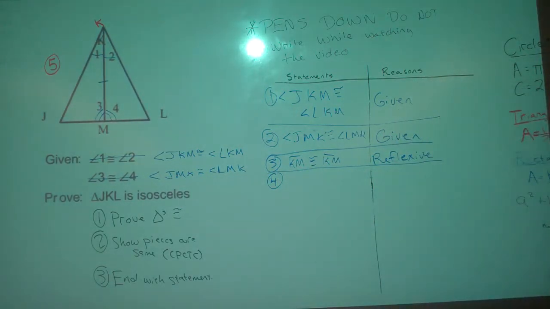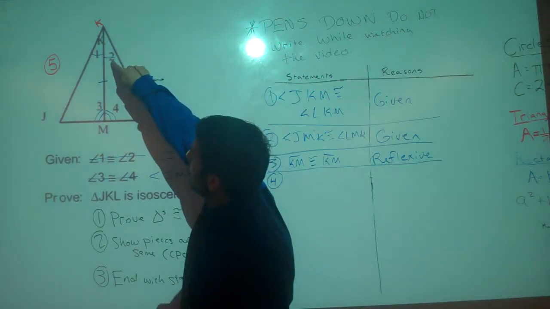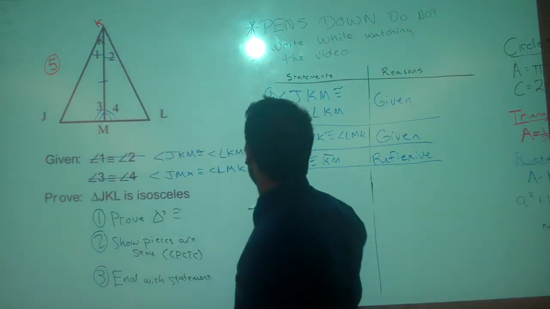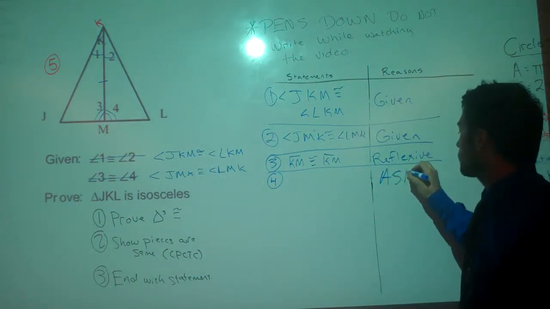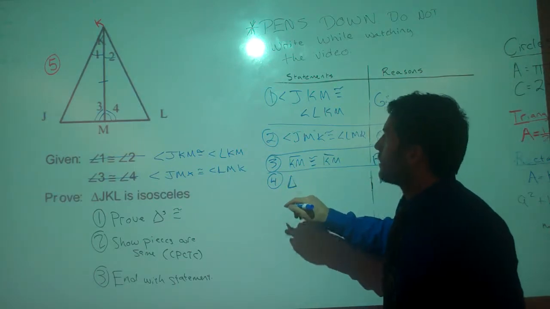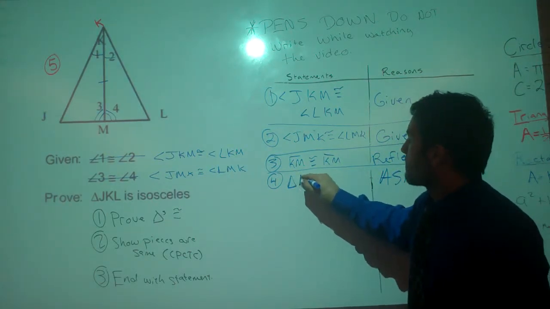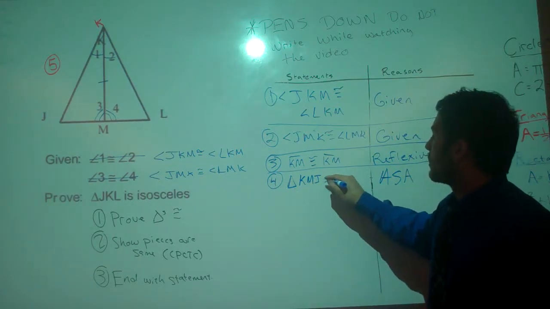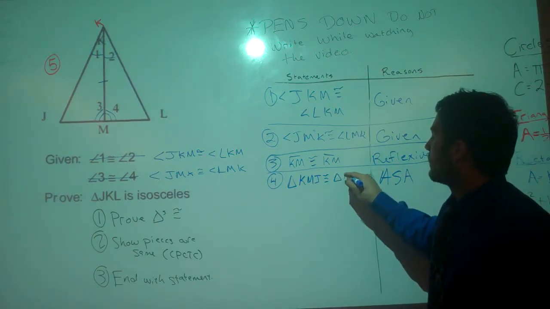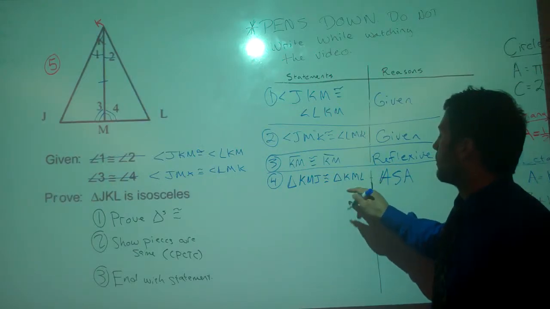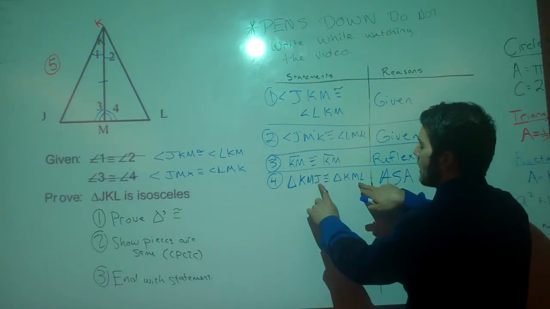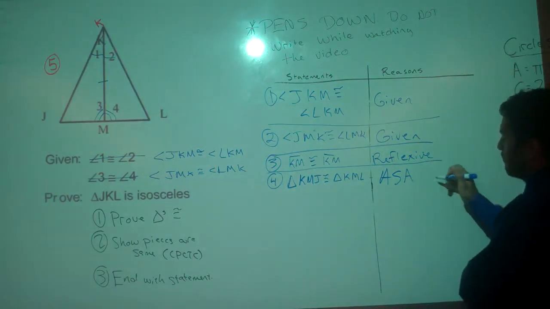At this point, I have enough information to prove the triangles are congruent by angle, side, angle, and the side is in between connecting the 2 angles. I will have triangle KMJ. Notice I am using the triangle symbol. Goes with, in this case, KML. The K's go together, the M's go together, and the J and the L are congruent as well.